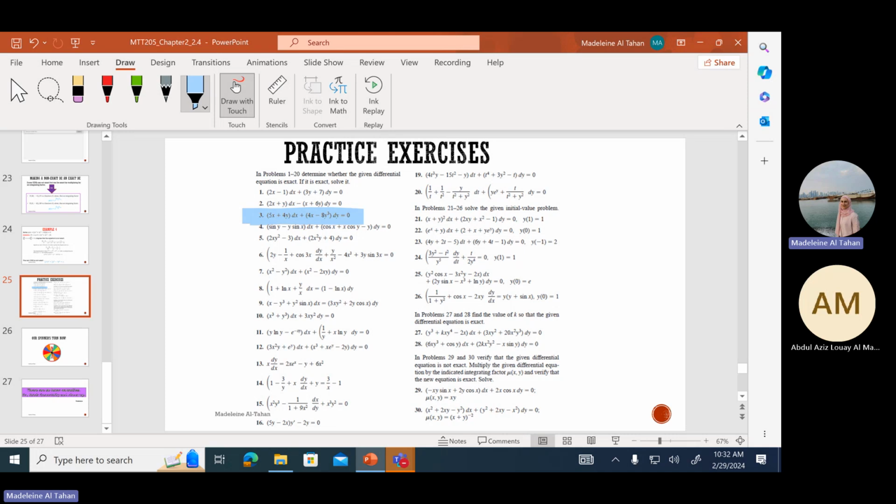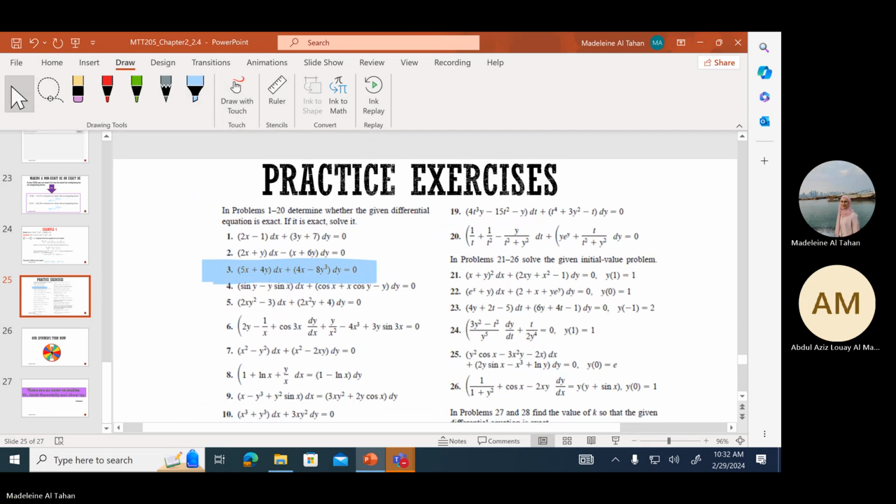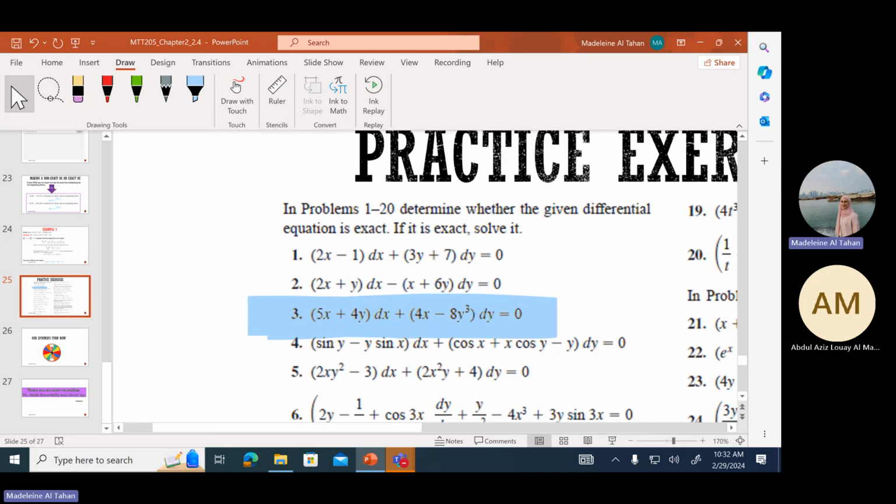But no, this one we will solve right now. Please write question number 3. First, check if it's exact, and if it's exact, please solve it. Put these tasks in front of you and start with them.